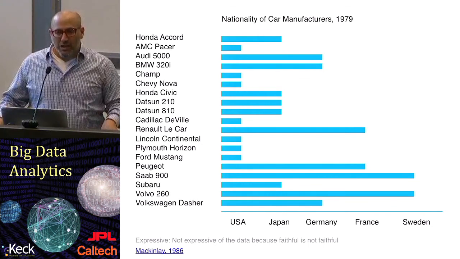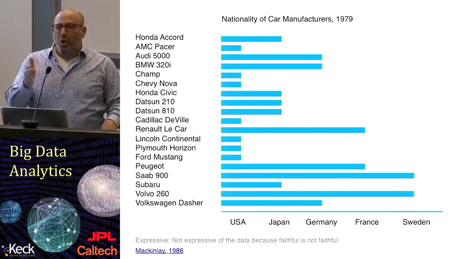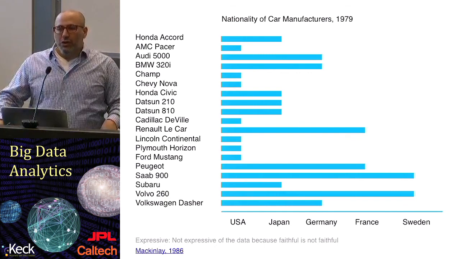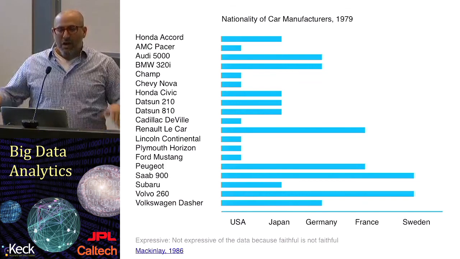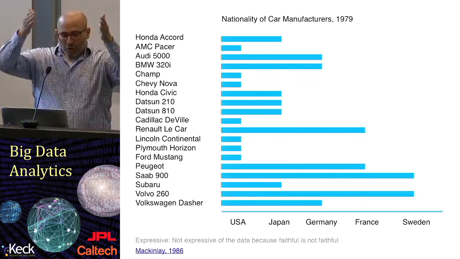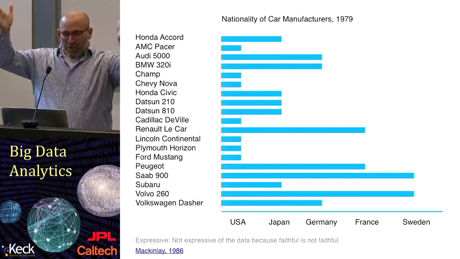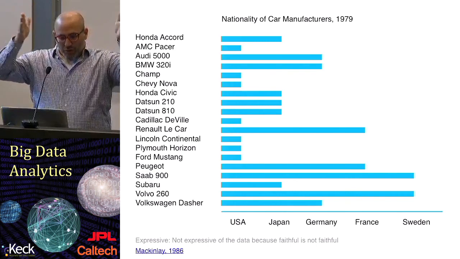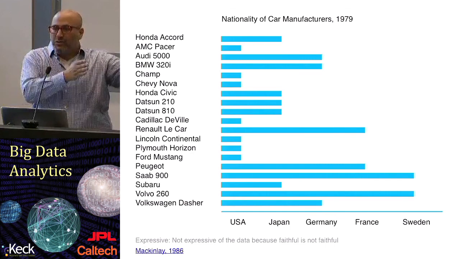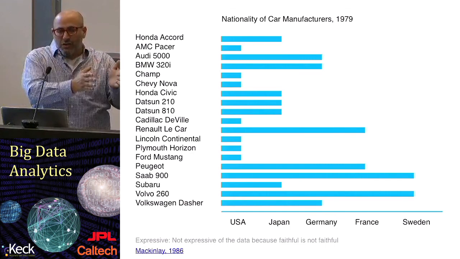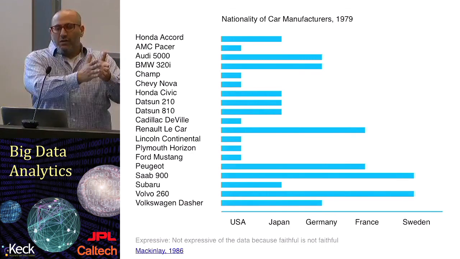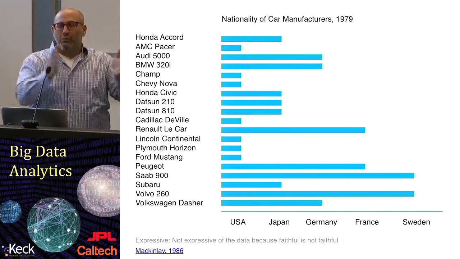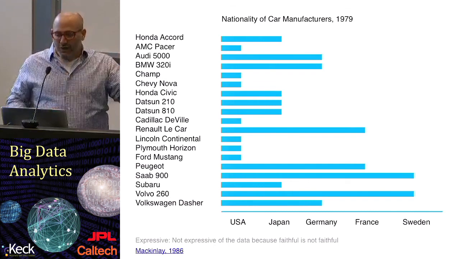Well, what's misleading about this graphic is the bar communicates an idea of a continuous value, and that the bar for Honda is bigger than the bar for the AMC. And actually, there's no quantity communicated in each of these values.